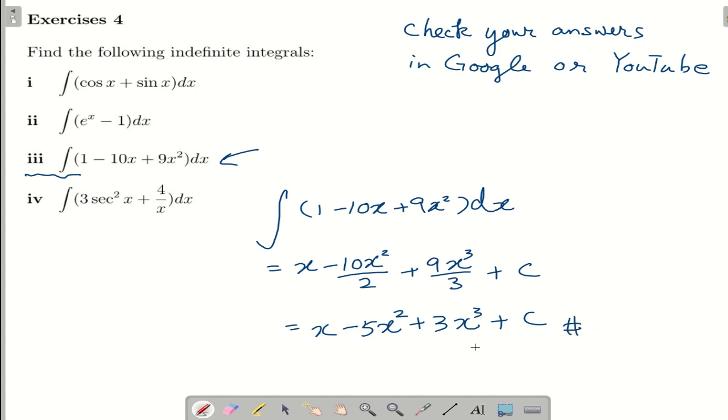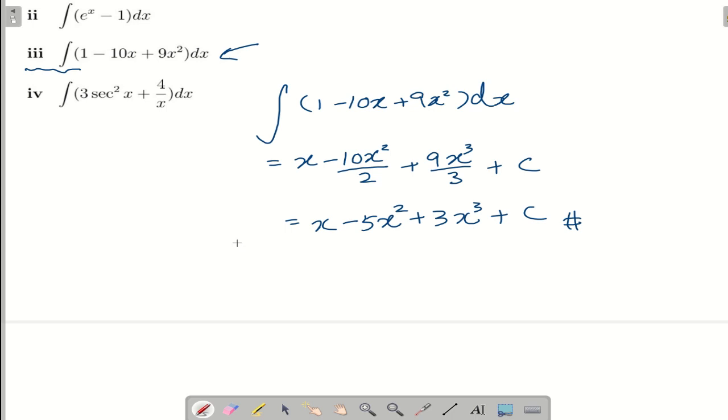If you want to check this answer, you can also differentiate this. Let's see if you get back the original function. So you take the differentiation of x minus 5x squared plus 3x to the power of 3 plus c with respect to x.